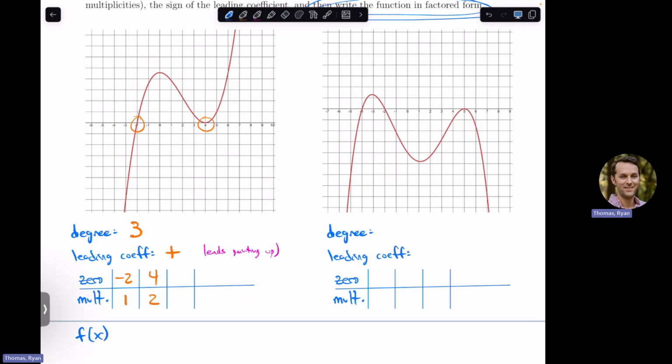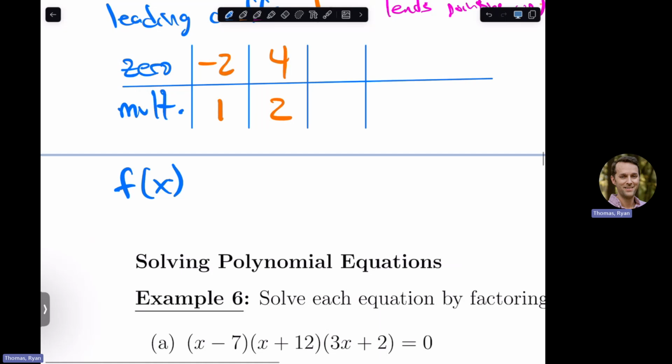If this has a 0 at -2, then what does the corresponding factor look like? X plus 2.